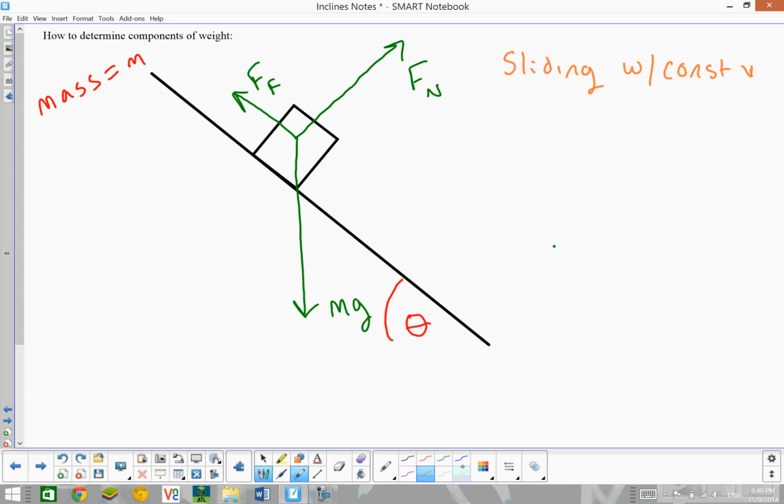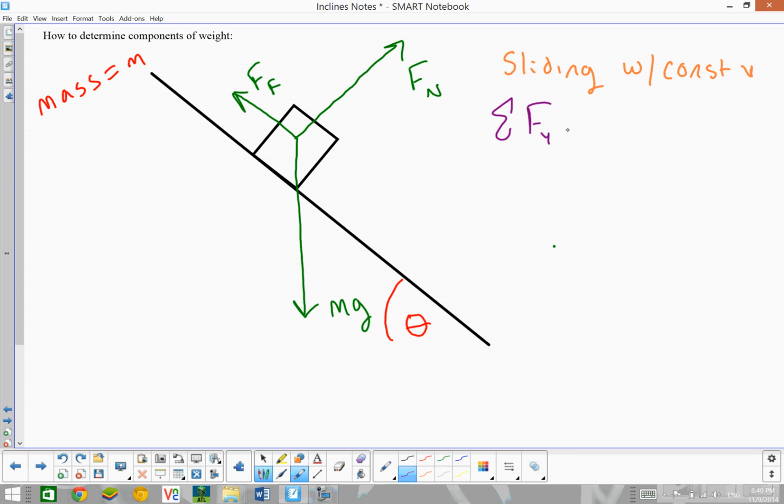Well, what does constant velocity mean in terms of our forces? Well, that should mean, if we were to look at all the forces and add them all up, we'd find out that our net force must be 0 in all dimensions.